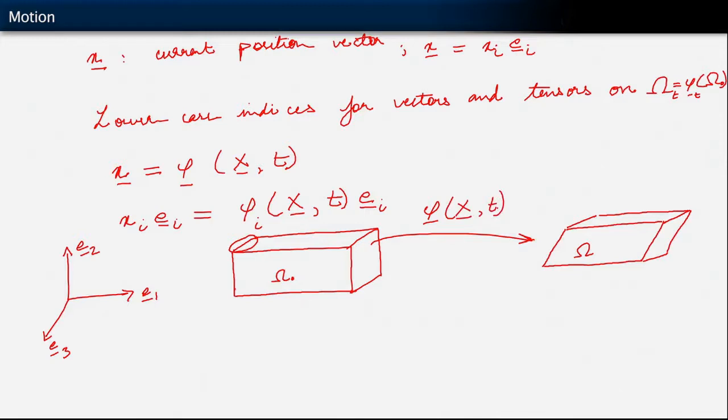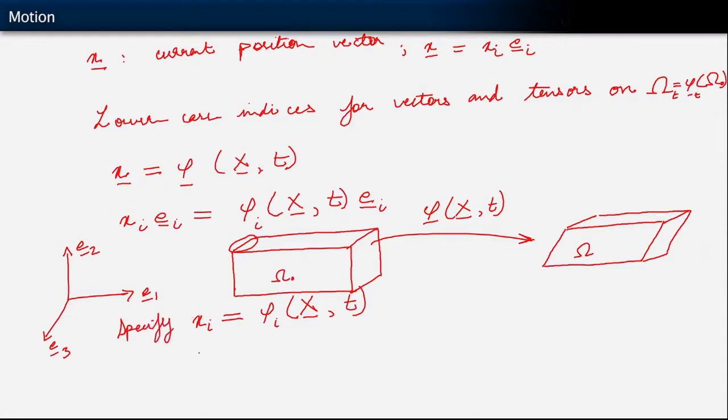All I'm going to do here is give us a very specific example of how we may represent motions using phi. So what we want to do here then is write x sub i, which is phi sub i as a function of X comma t. We can do this by writing them as follows, right? So we want to specify the x sub i's.